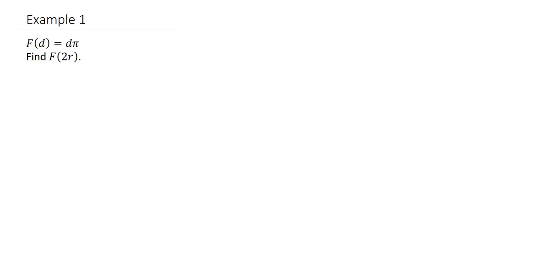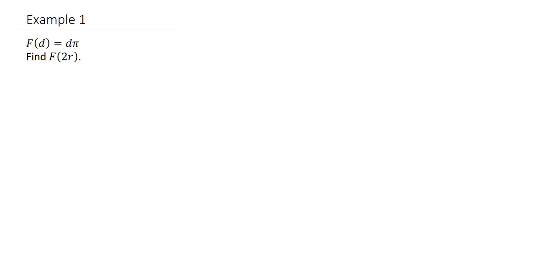Example 1, we have f, and inside the parentheses is a variable, d, equals d pi. So we've seen this before, right? This is just the circumference of a circle, but we're going to find the function at 2r.